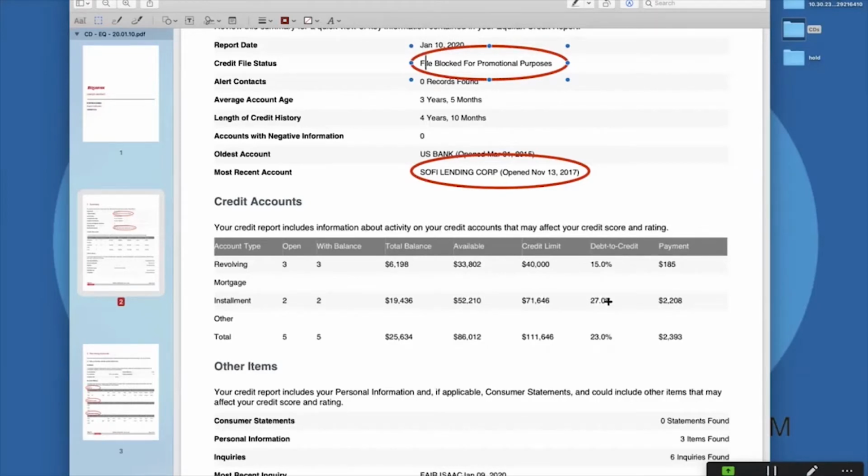Check your report. What is the total installment? Because if it's less than 50%, you're not getting all the juice that installment loans can contribute to your file. Straight out of the mouth of the FICO team, if it's over 24 months old, and if it is under 50% balance, as we've discussed in previous episodes, then you're not getting all the juice that this loan can give you.